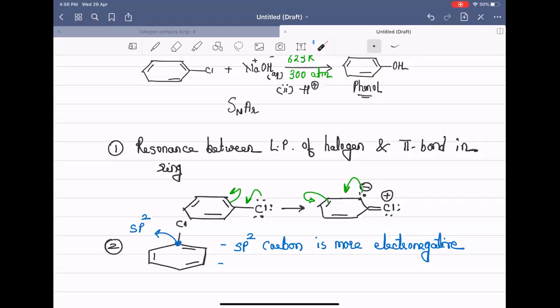Again, because here the s character is more as compared to sp3, and if s character is more in any hybrid orbital, it is always smaller. So another important thing is this bond is also very small, and smaller bonds are more difficult to break. And again, this carbon would not shift electrons easily onto chlorine because it itself is also more electronegative.